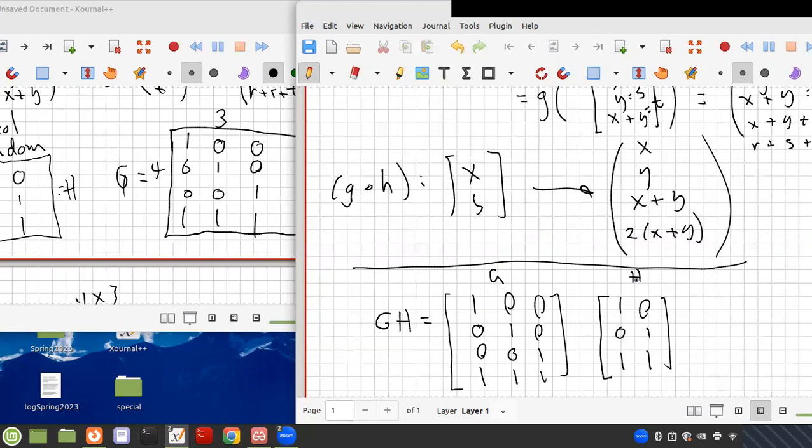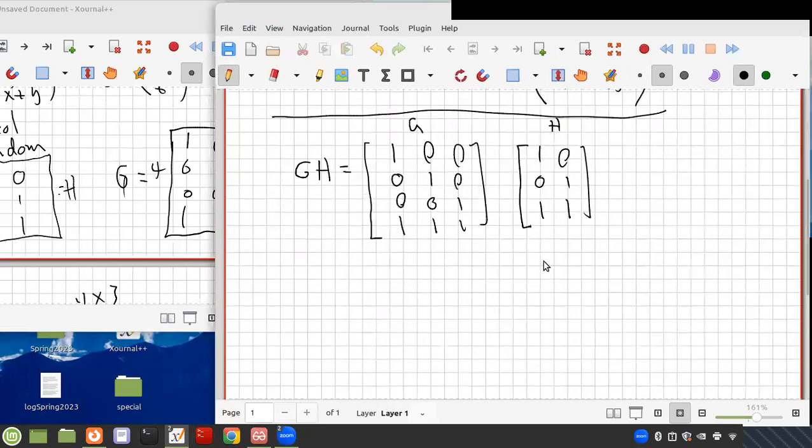Are you guys with me? Okay, so let's multiply these two matrices together. Well, this is a 4 by 3 times a 3 by 2, which is going to be a 4 by 2, right? So the first, between 1, 0, 0 times 1, 0, 1, is going to be 1, right?